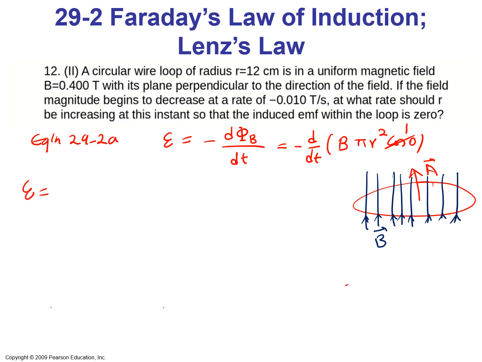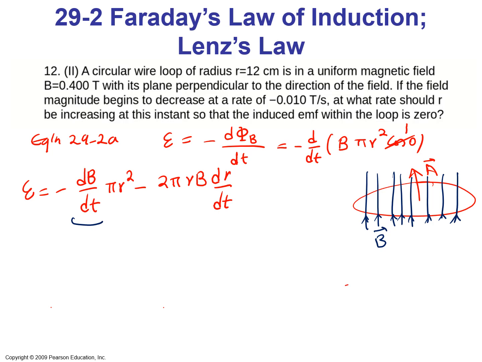So EMF is equal to minus dB over dt times pi r squared minus 2 pi r B dr over dt. We know the rate of the changes in the magnetic field.